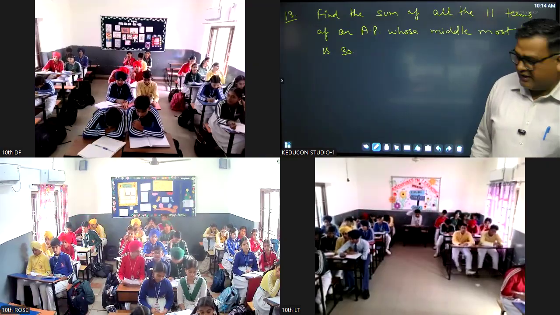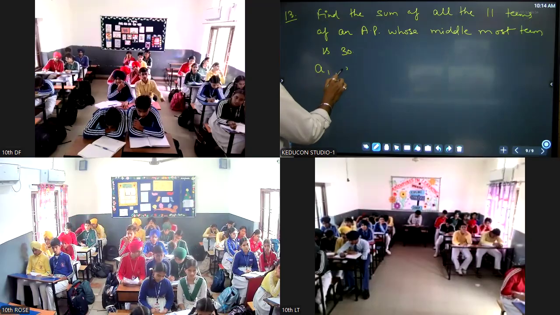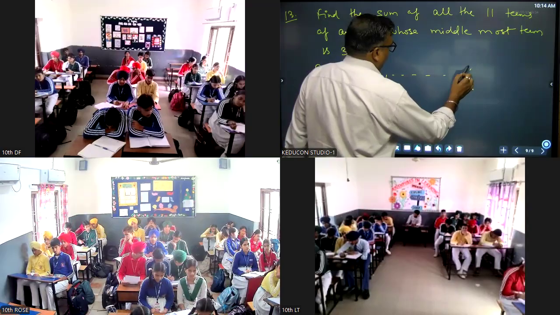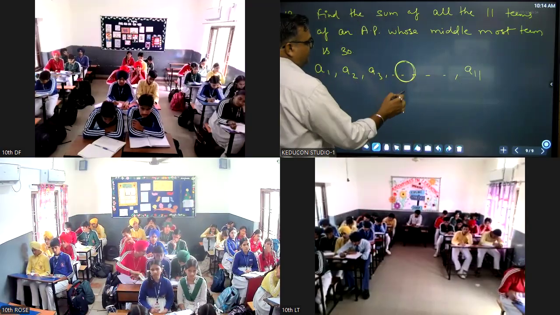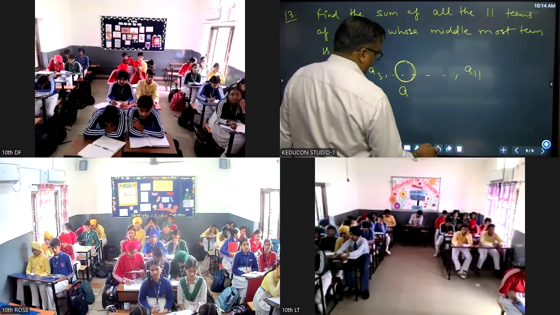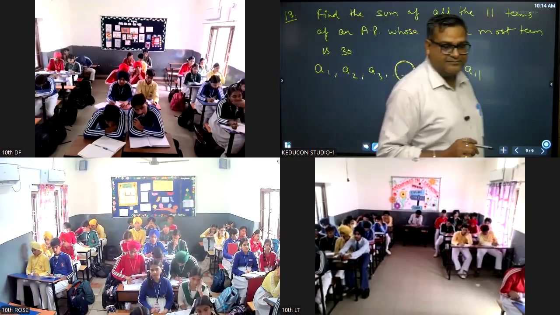This is clear, right? Means there are 11 terms. Let's say A1, A2, A3 up to A11. And the middlemost term of this is given, okay? That is given 30. This term is given 30.